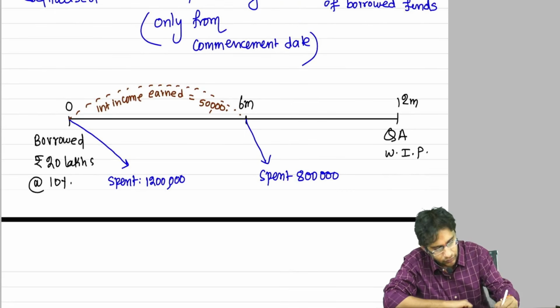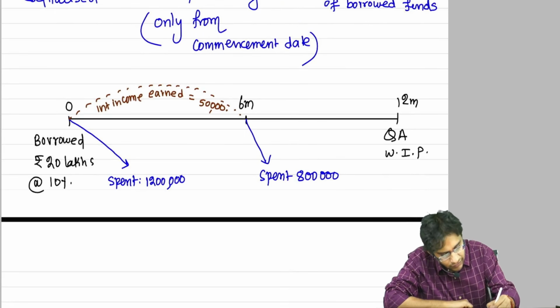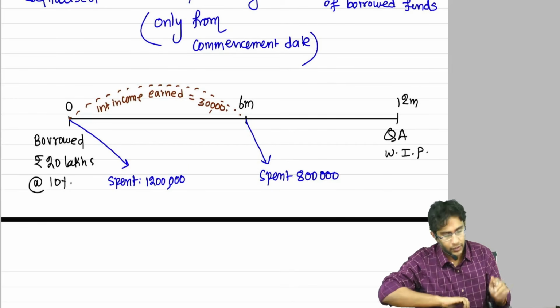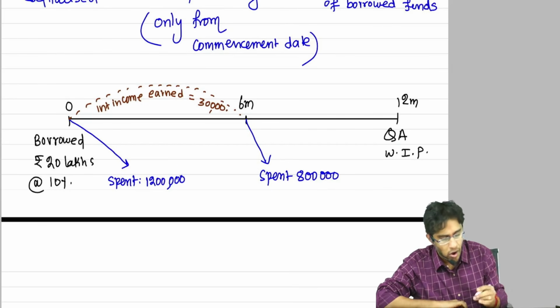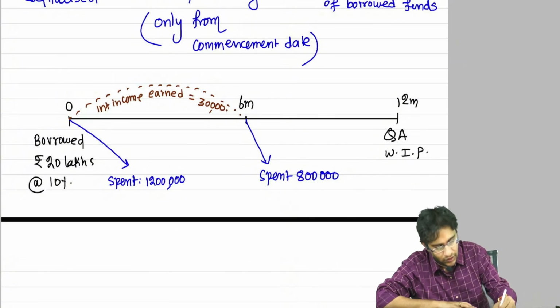Now, 50,000 is a little high, sir. Let's make it 30,000. Now, how much borrowing cost can I capitalize?